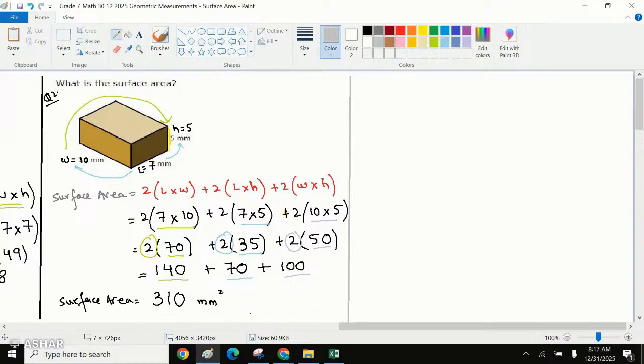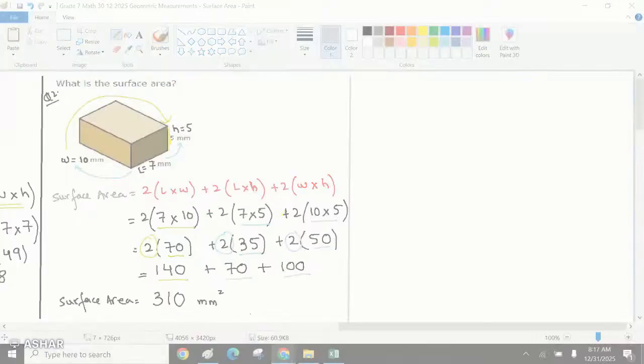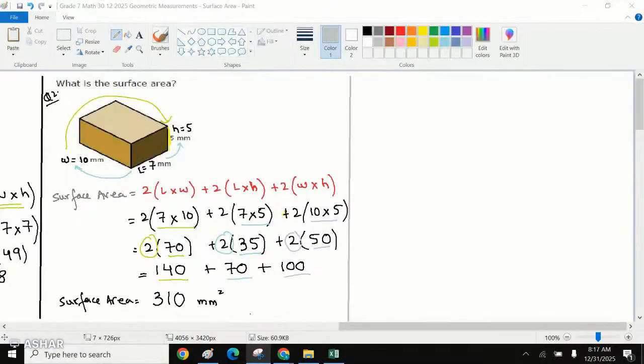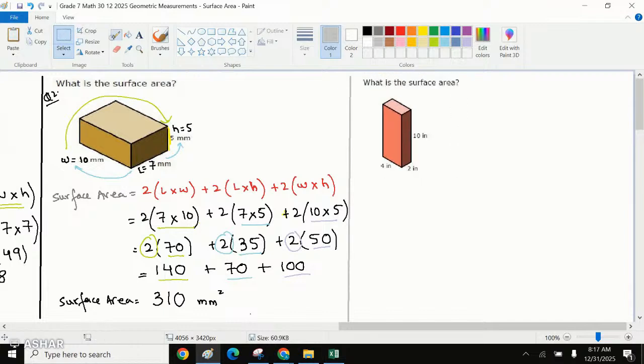Let's see what question number 4 says. Okay, I'll just copy the question and let's see what we can do in this case. It's still a cube, but different dimensions, right? We need to find the surface area.